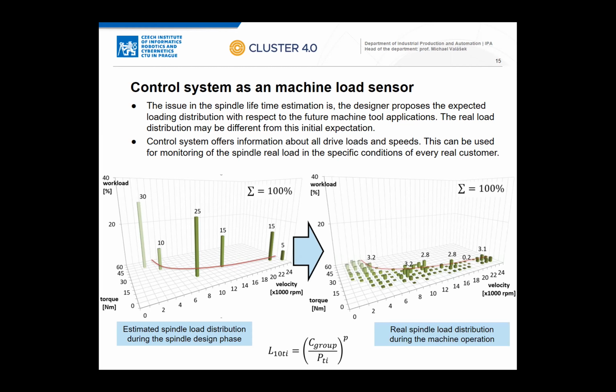So you can see there are many more combinations, and they each have a smaller time portion of the total operational time. So the idea for estimation of the remaining useful lifetime of the spindle is to monitor the realistic load and recalculate the lifetime of the bearing online.